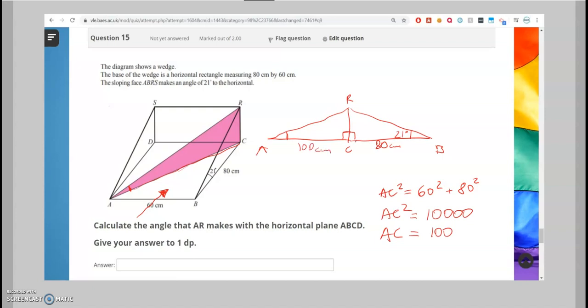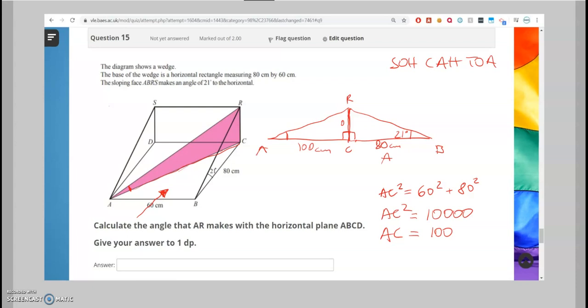Now, since this right-angled triangle, BRC, is the right-angled triangle, we can work out using SOHCAHTOA this height here. So we know this 21, and we've got to work out the length opposite the angle, and we also know the adjacent, which is 80 centimeters.